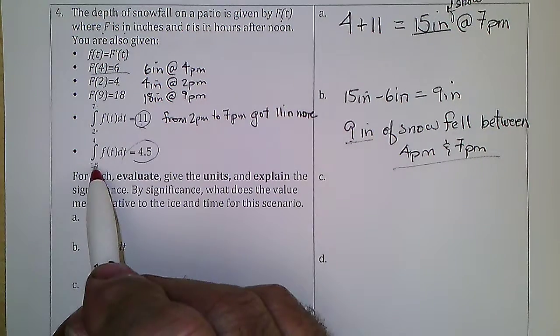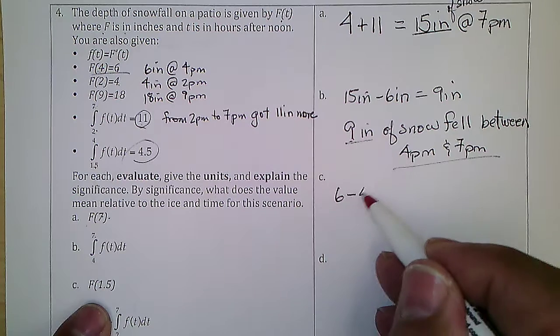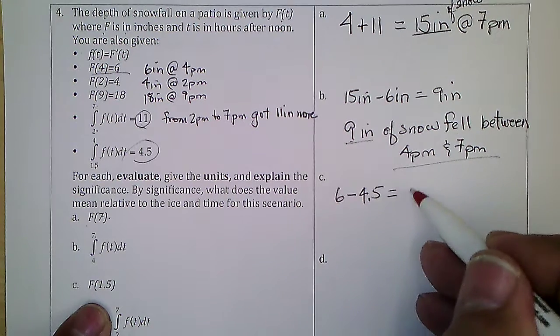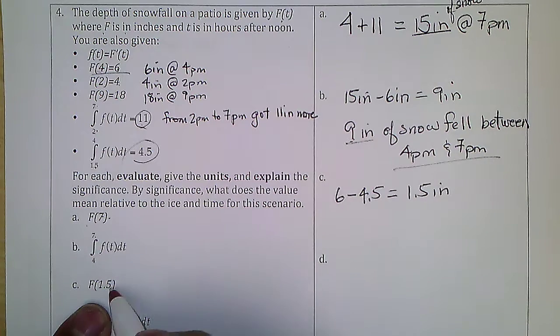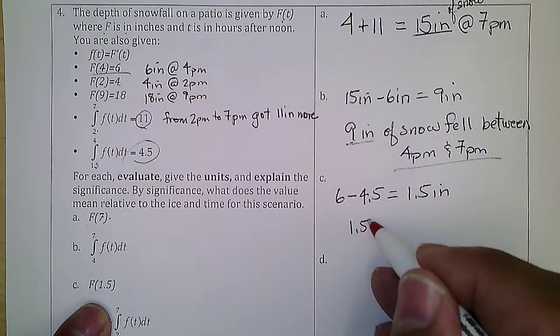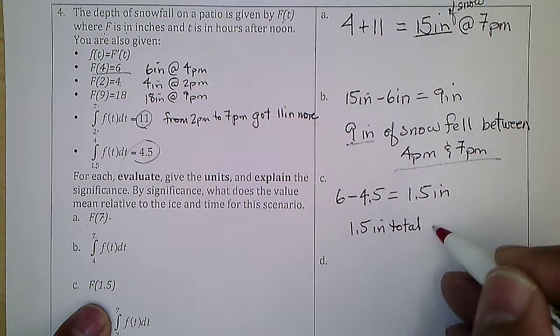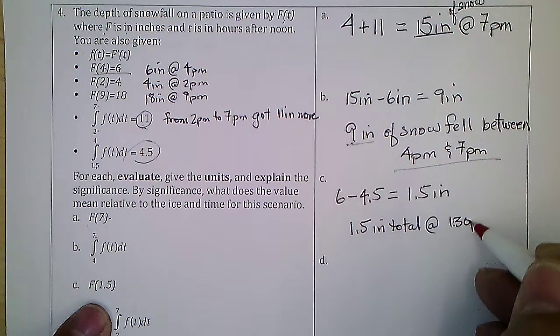So at 1:30, it was 6 minus the 4.5 that came to get to the 6, which is 1.5 inches. And this is not a change. This is how much there was. 1.5 inches total at 1:30 p.m.